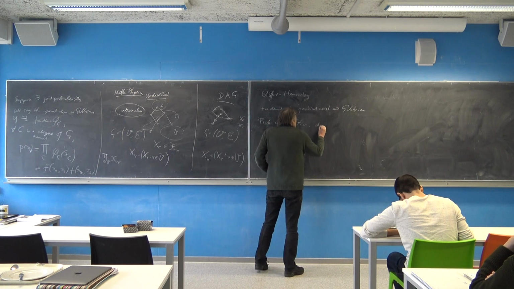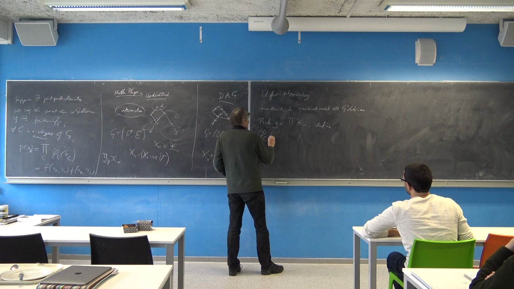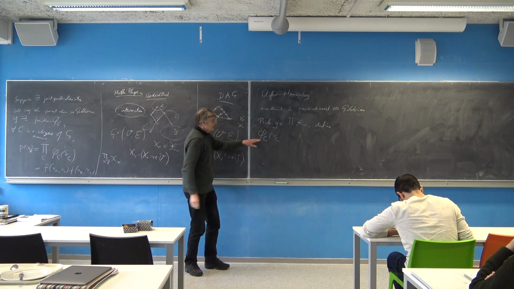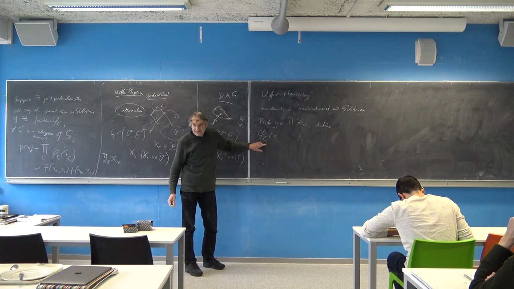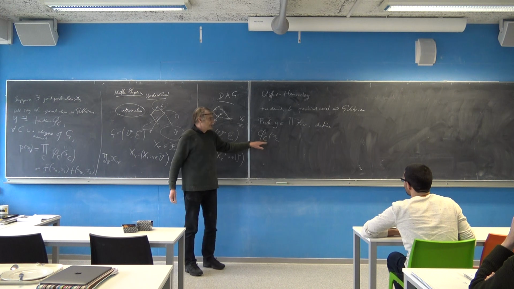And then I define phi C, a function of the values of the variables inside C, and here C is going to be any subset, not just complete or cliques, but just anything.